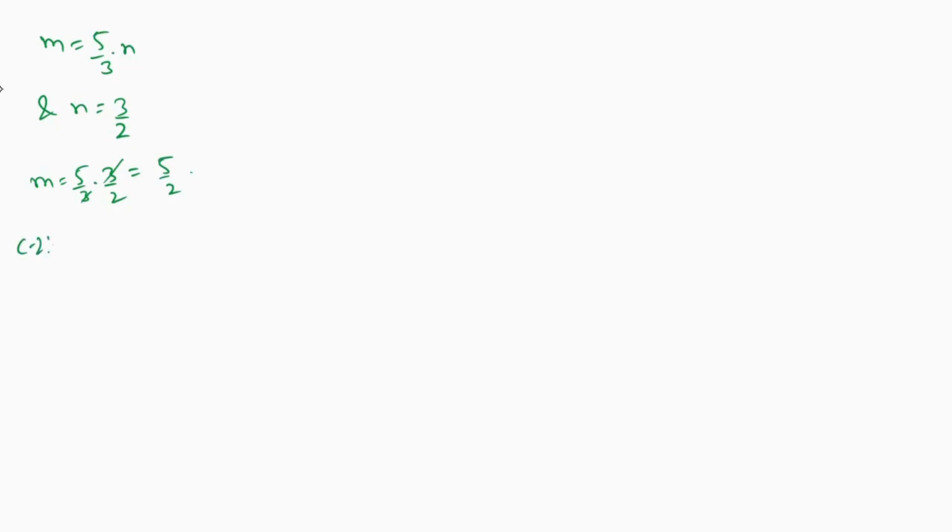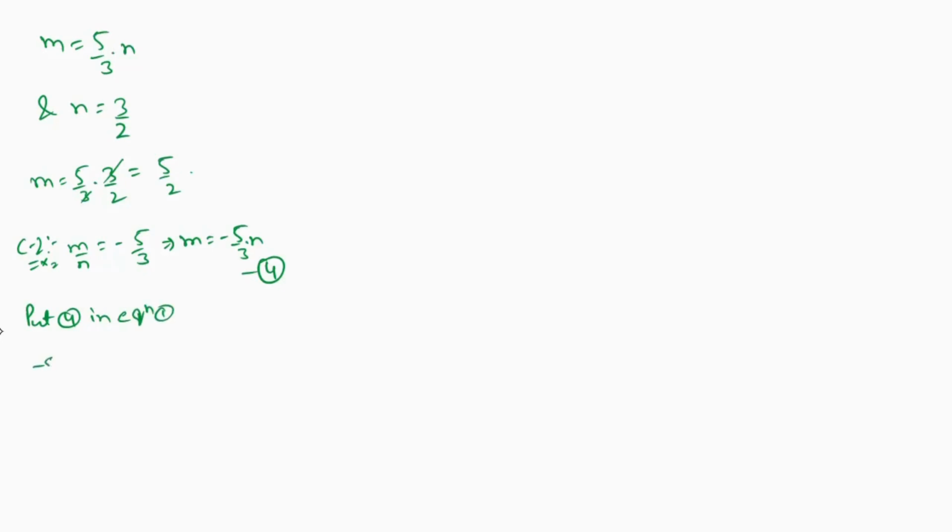Now case second, when m by n equals minus 5 by 3. So from here we get m equals minus 5 by 3 times n. Name this equation 4. Put equation 4 in equation 1.